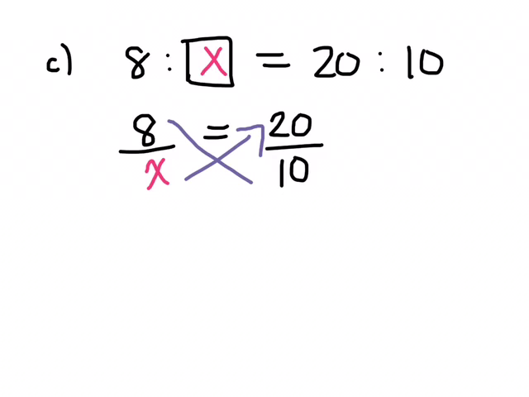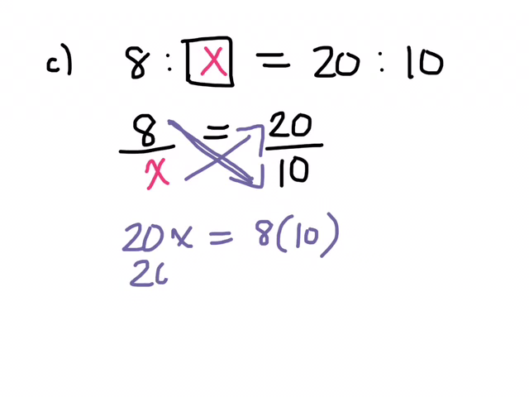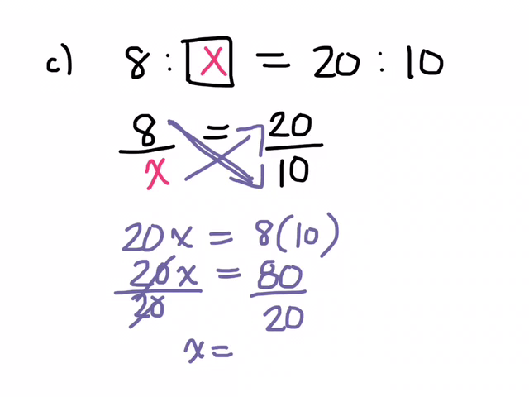X times 20, or 20 times X is written as 20X. Then what do I multiply? Equals 8 times 10. What's 8 times 10? And what do I have to do? Final step, divide both sides by 20. That reduces to 1. X is equal to 4.